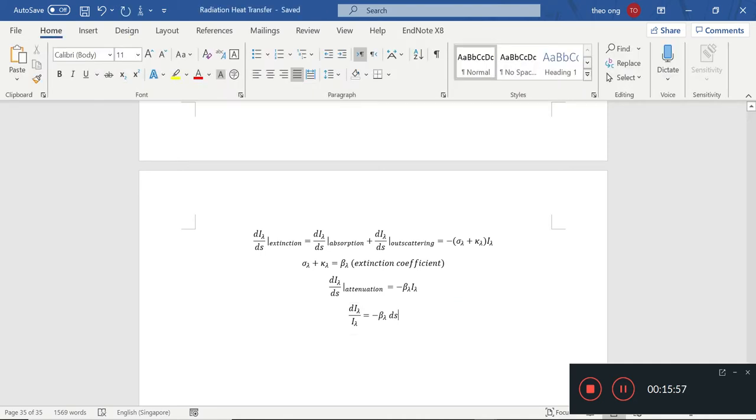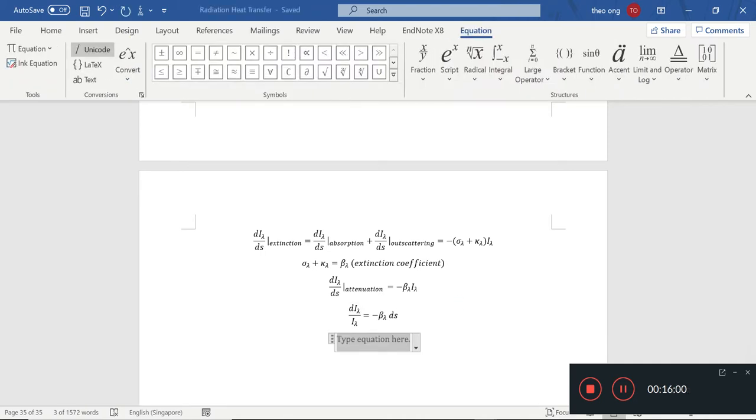So if we were to integrate both sides, we have a logarithm of I lambda over I lambda, taken at two limits. So we're going to have the integral from 0 to s of beta lambda ds.